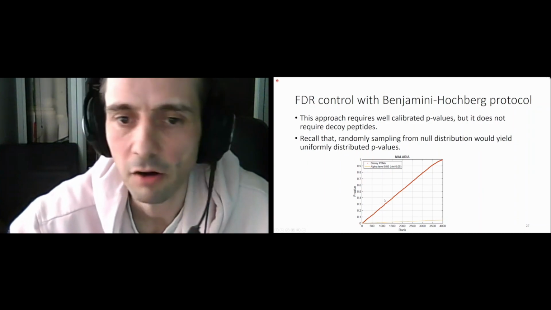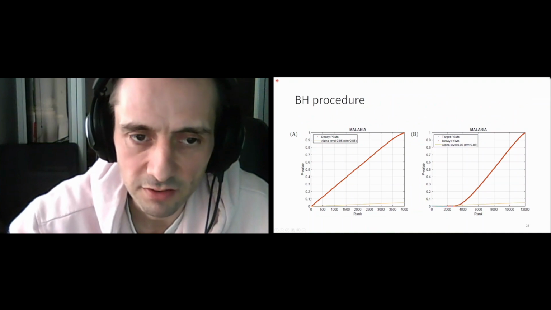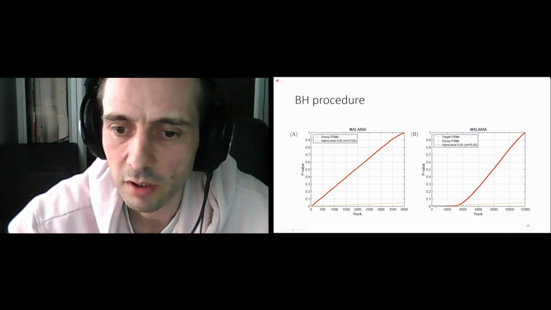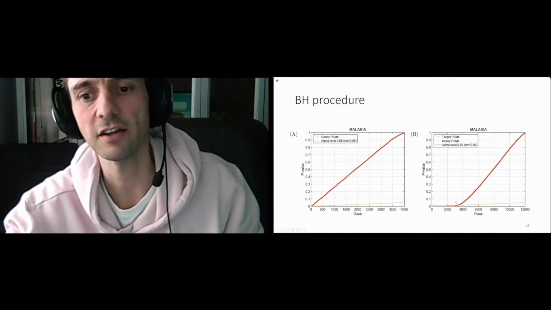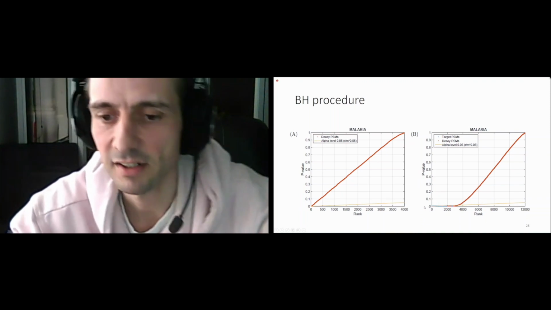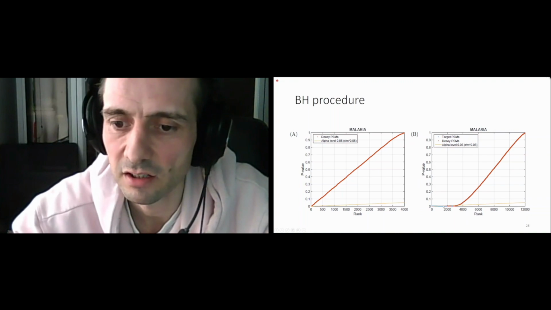Now, if you have some spectrum matches which are not coming from the null distribution and they are ranked at the beginning, then this plot would look something like this.